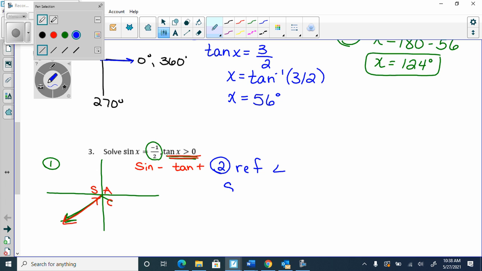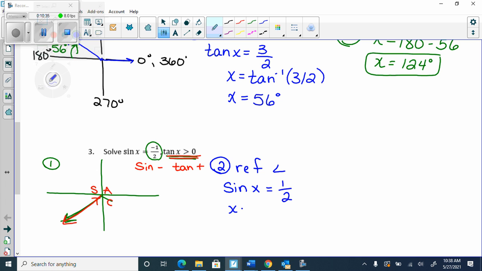So we're going to go sine x equals a half, because we don't do the negative when we do reference angles. X equals sine neg 1 of a half. What did you get? 30 degrees, right? So this here is 30.